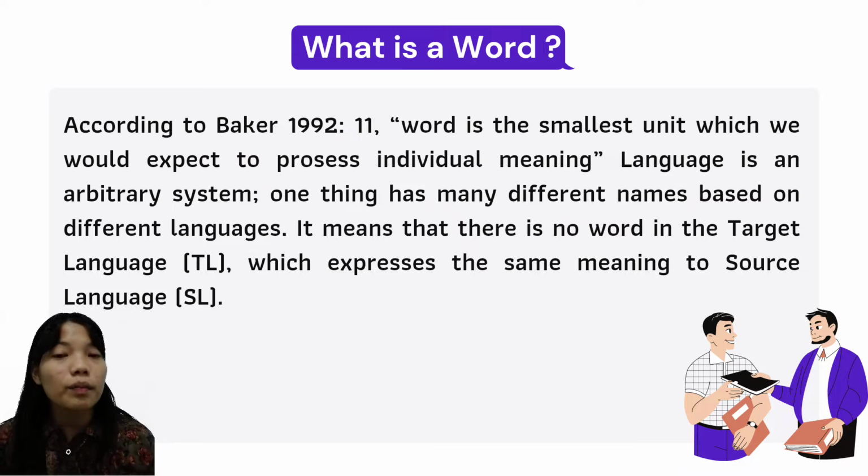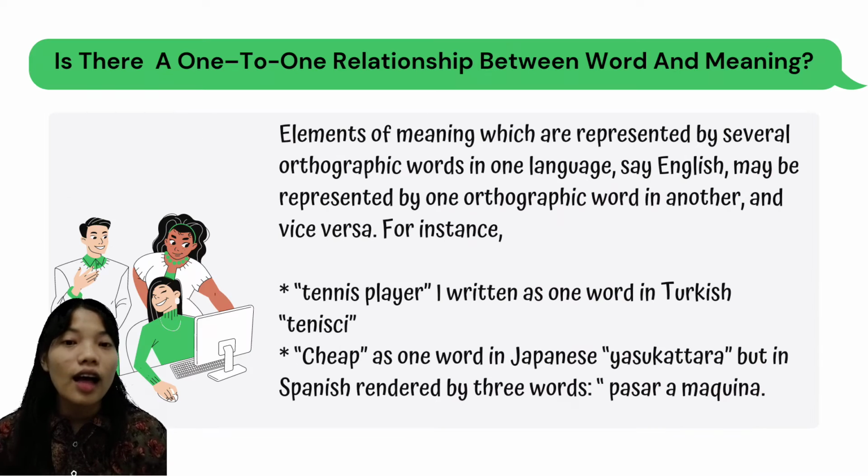One thing has many different names based on different languages. It means that there is no word in the target language or TL which expresses the same meaning as the source language or SL. Next, we talk about the relationship between word and meaning.